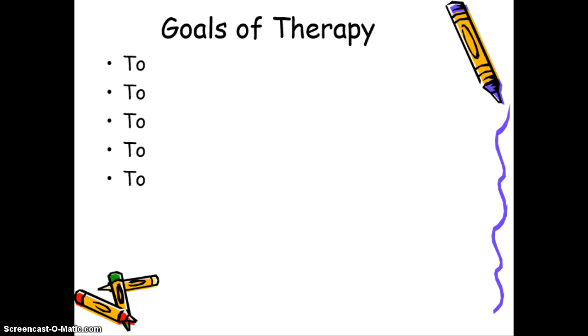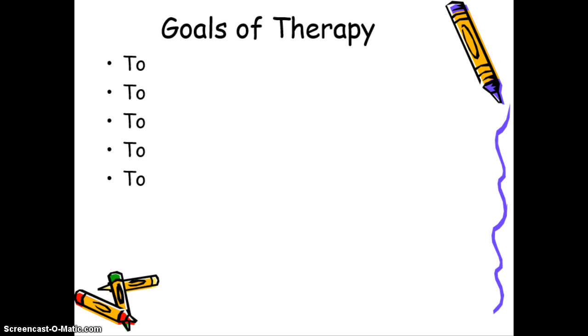So for goals of therapy, we want to establish locomotion, communication, and self-help. We would like to gain optimal appearance. We would like to correct associated defects as soon as possible. We'd like to see these kids getting integrated and provide educational opportunities that are adapted to that child's capabilities.